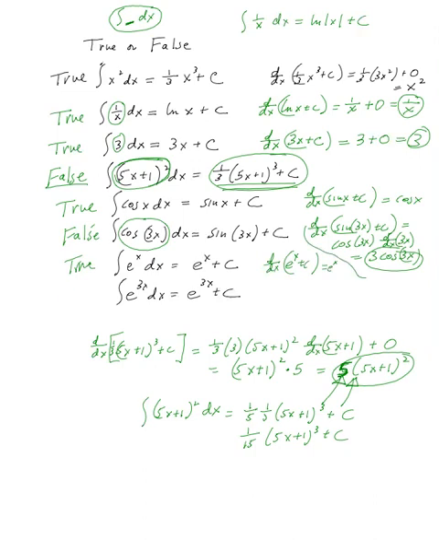And finally, you can check and see this last one is false, because the derivative with respect to x of e to the 3x plus a constant is e to the 3x times 3. Remember, you've got to multiply by the derivative of the 3x. That's chain rule. Equals 3e to the 3x. So we had 3 false and 5 true.